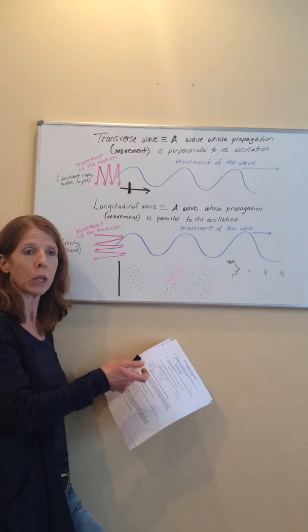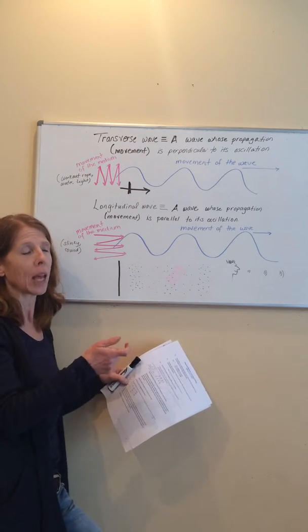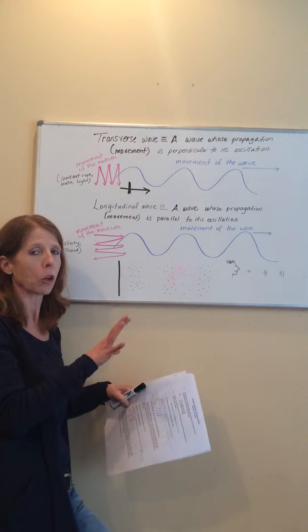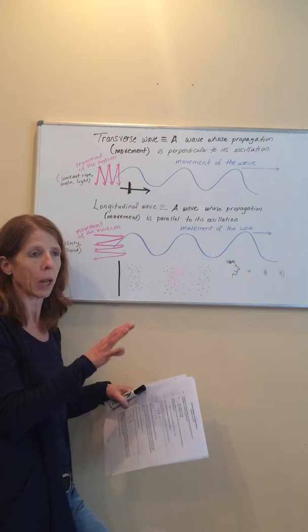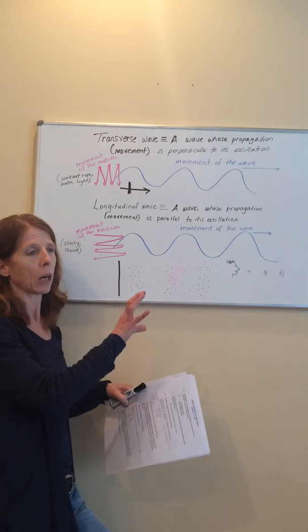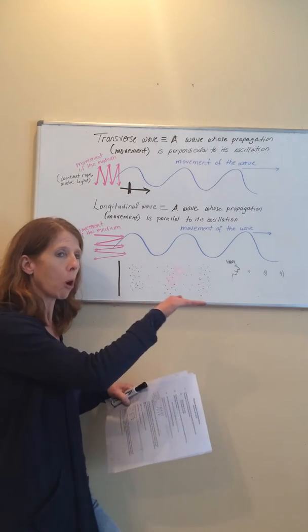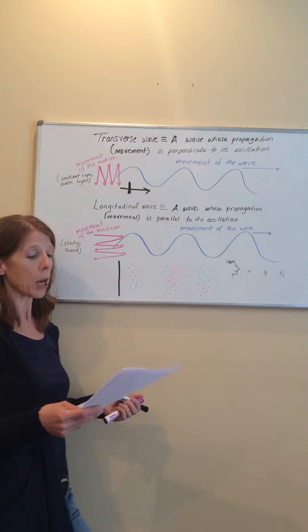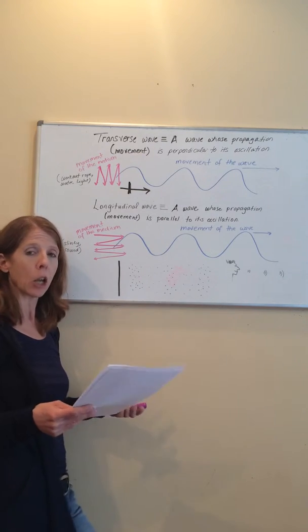Water would constitute a transverse wave, and then light is also categorized as a transverse wave. Okay, so when you're talking about light, you're talking about a wave that's going to move perpendicular to the oscillation of the medium.